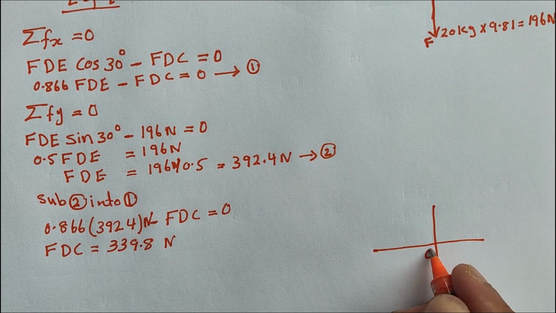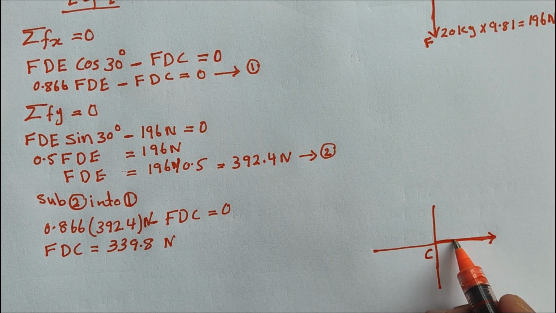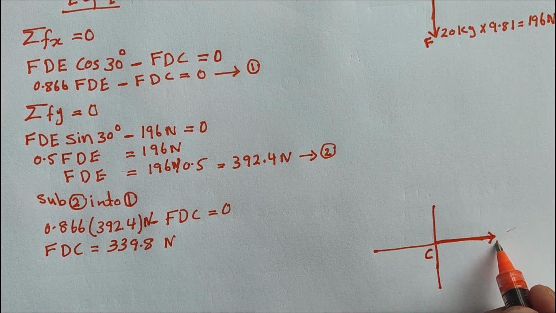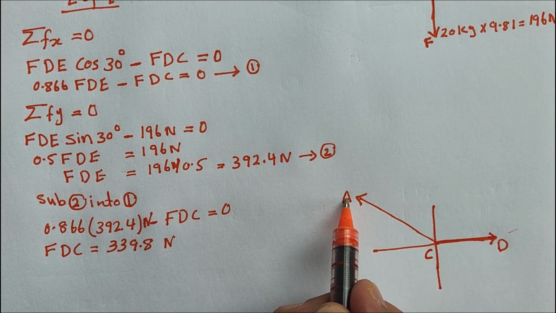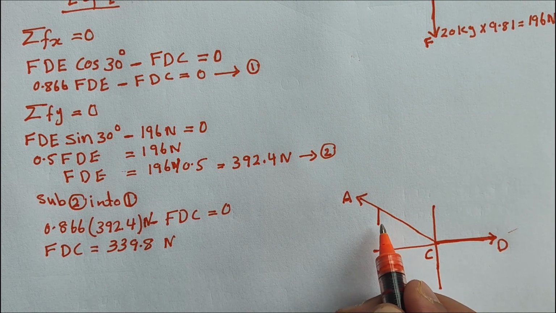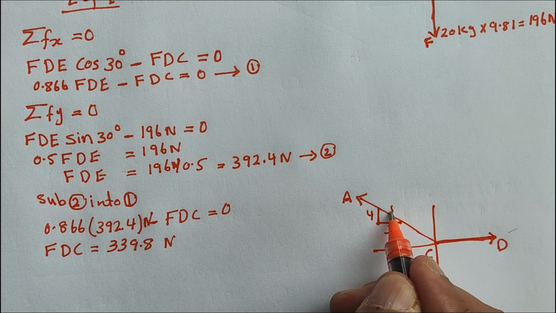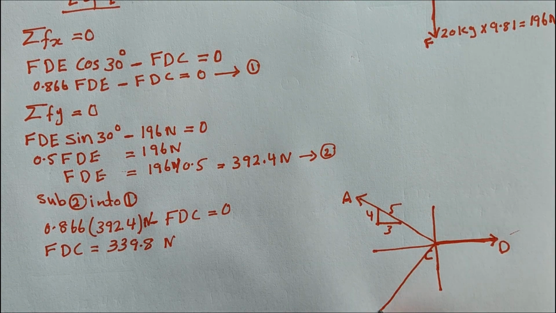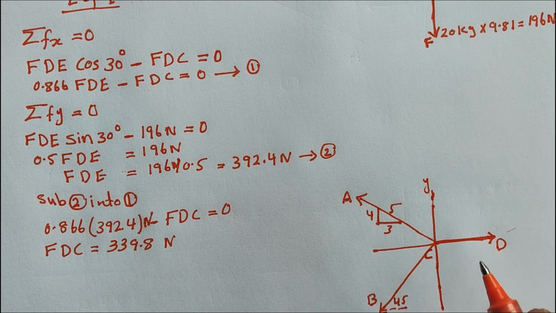So this is C in equilibrium, and of course we have DC in this direction here, because the rope develops tensions in these directions towards D. And we also have CA here to A, and CA in this case has a similar triangle 4, 3, 5, and we also have CB in this case, which is developed at 45 degrees.